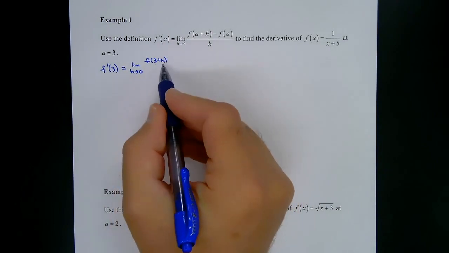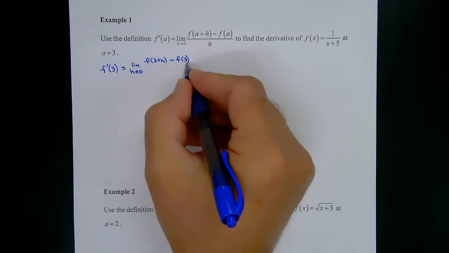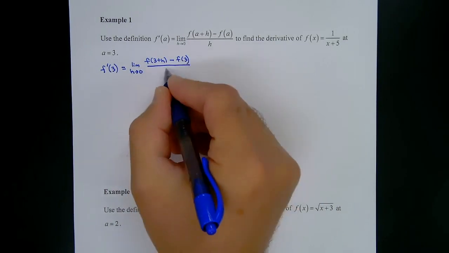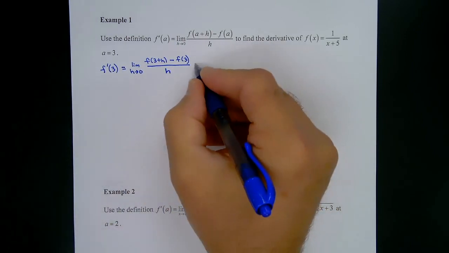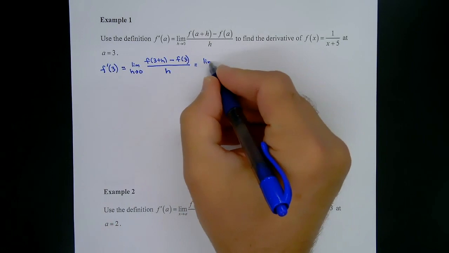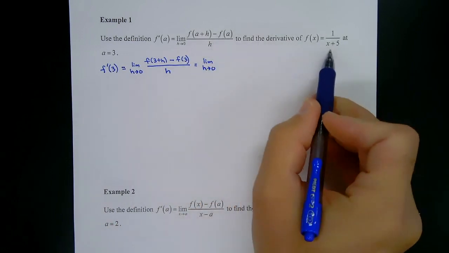That's 3, and I'm going to the right, h units, and then minus f of 3 all over h, okay?